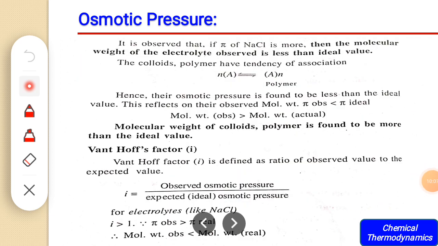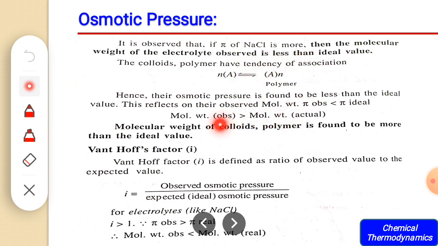Similarly, there are some substances which undergo association, like colloids. In the case of an electrolyte, the molecular weight is observed to be less than the ideal value. But if the substance undergoes association, the number of particles decreases.